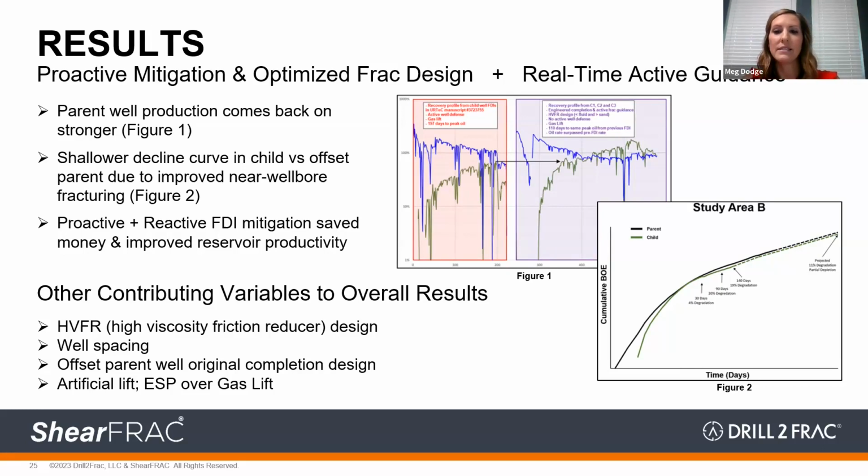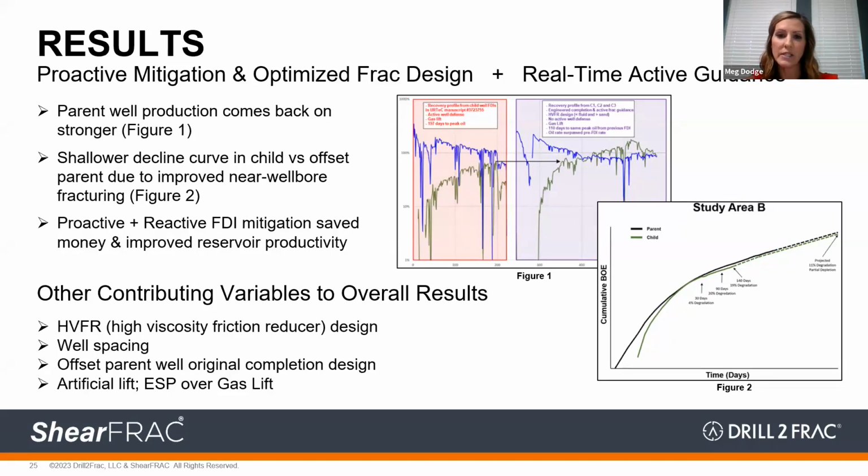The services today were key contributors, but not the only ones. Other variables that were utilized were HVFR, high viscosity friction reducer, well spacing, the original frac design on the parent well, and the artificial lift test, actually highlighting that the ESP was the winner.